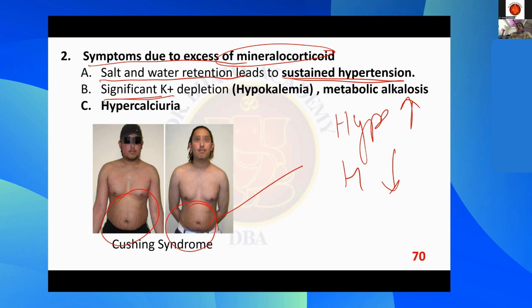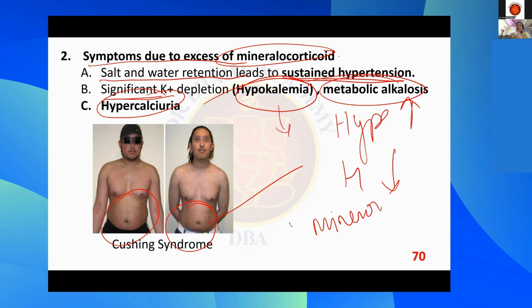Potassium depletion, so hypokalemic metabolic alkalosis, and it will cause hypercalciuria. Now, this is a very important differentiating factor here. If you have resistant hypertension and a hypokalemic hypertension, you are dealing with mineralocorticoid excess.